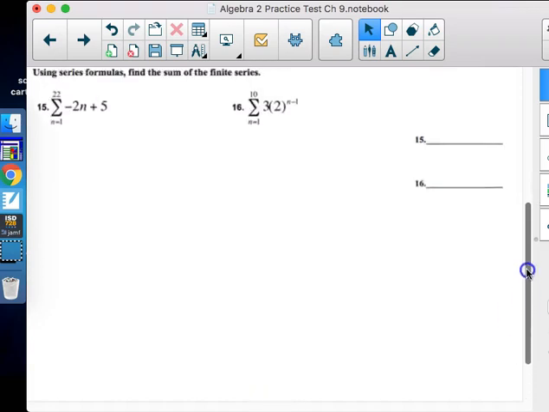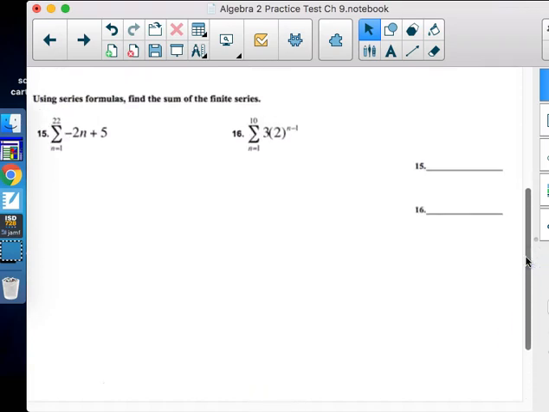It says, using series formulas. So let's just say I took a pass on number 14 because I'm thinking, I don't know which formula to use. When I get down to this one, I should go, oh, that's right. There's one on here that doesn't have a formula. I have to crank them out and find out what they are.